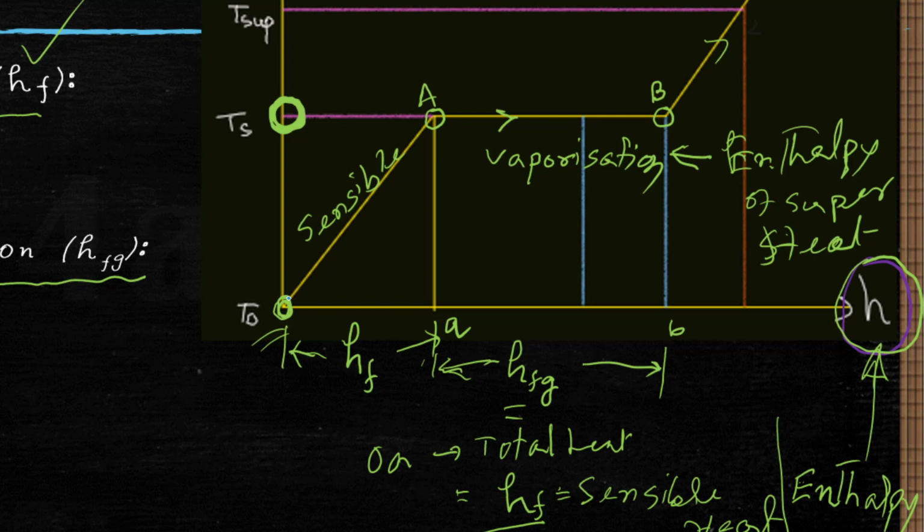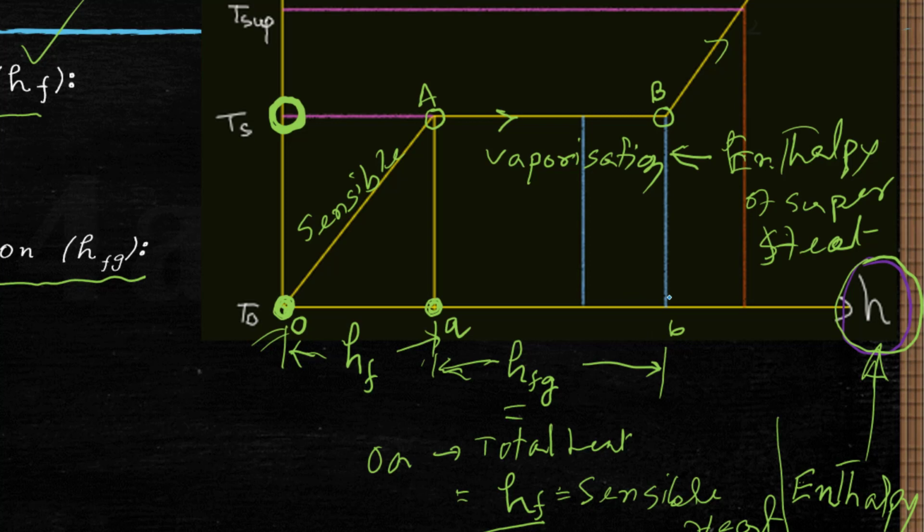In this case you remember this point O is at 0 degree centigrade. So from O to A, if we measure from 0 degree centigrade to any point, that is called total heat. But if we say A to B, that is not total heat.